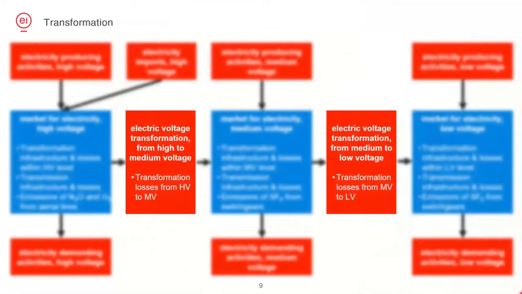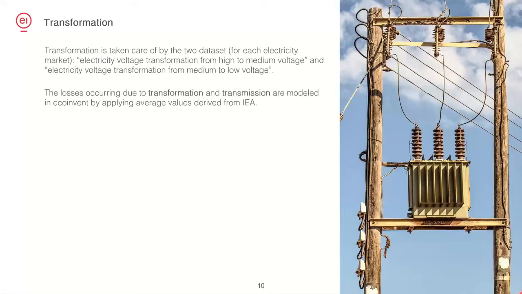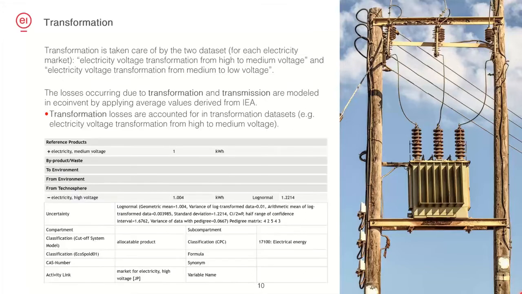And in the next step, the transformation between the markets is taken care of by individual data sets that we call electricity voltage transformation from high to medium voltage and electricity voltage transformation from medium to low voltage. These again cover losses, for which we have individual values from the International Energy Agency.